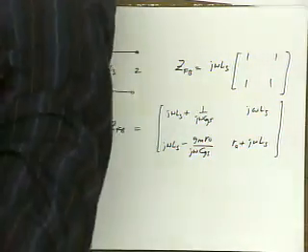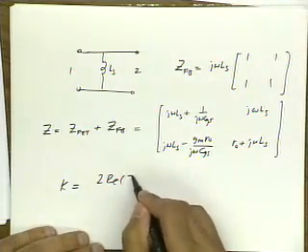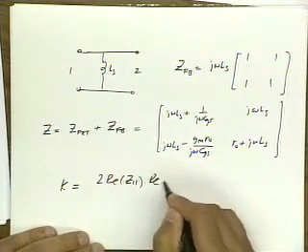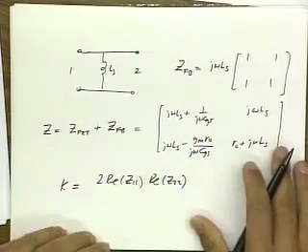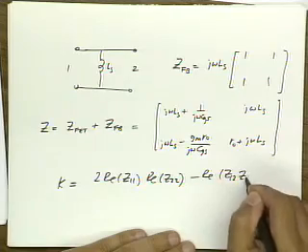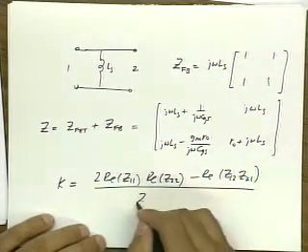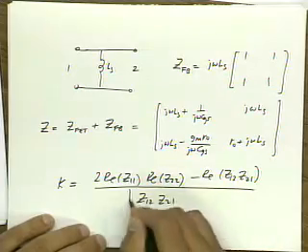So K is 2 times the real part of Z11, real part of Z22, minus the real part of Z12, Z21, divided by the magnitude of Z12, Z21.